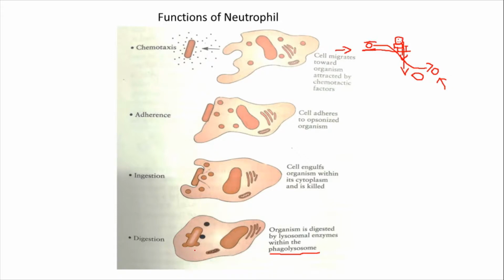Once digested, the digested antigens fuse with the secondary granules, because this is needed for complete digestion of the antigen. You know very well that antigens are very huge and have a very complex structure.